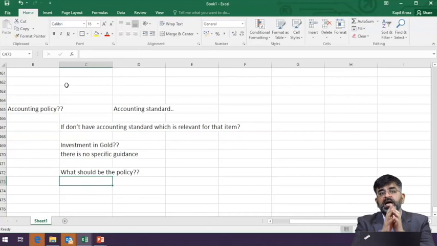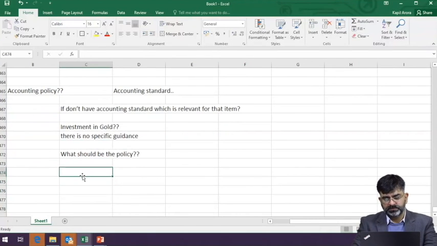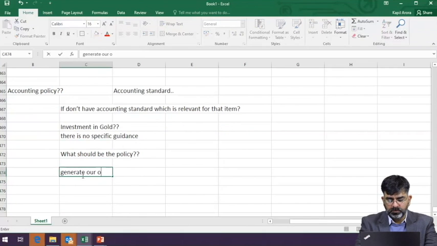But if the guidance note and accounting standard are both not available, then what would you do? You apply IS 8 for sure. What we are going to do is generate our own policy.